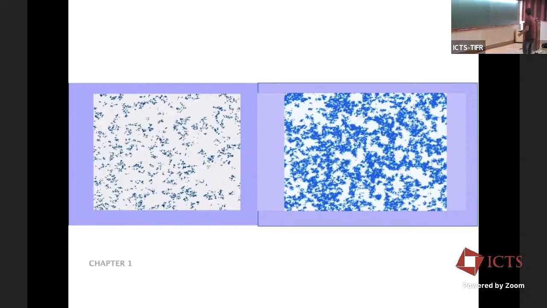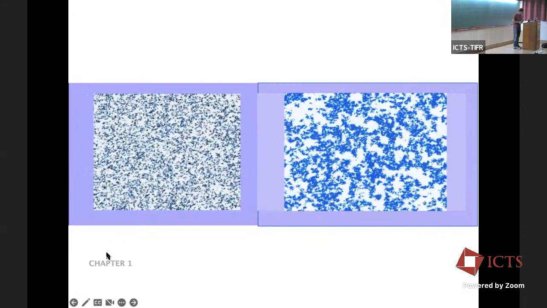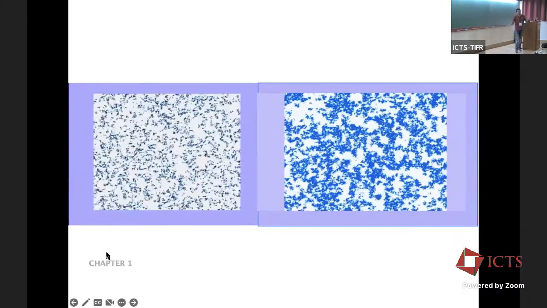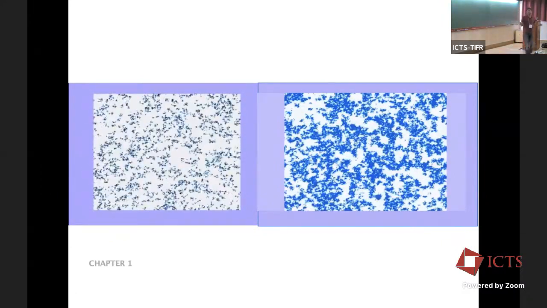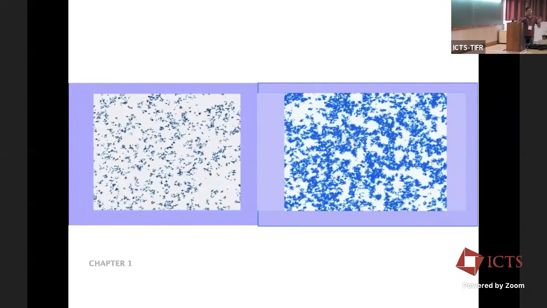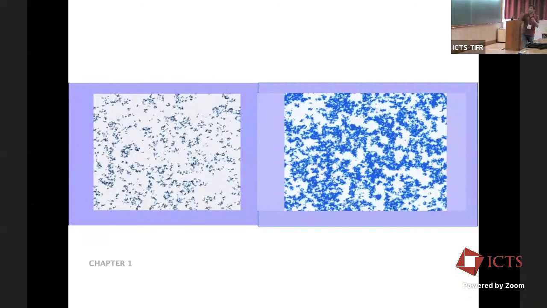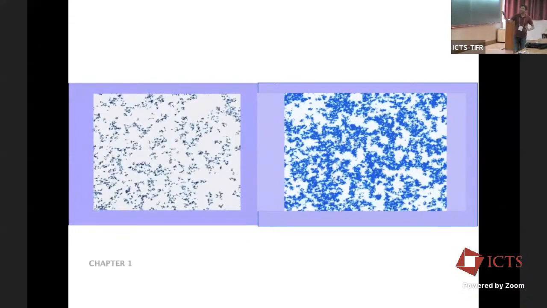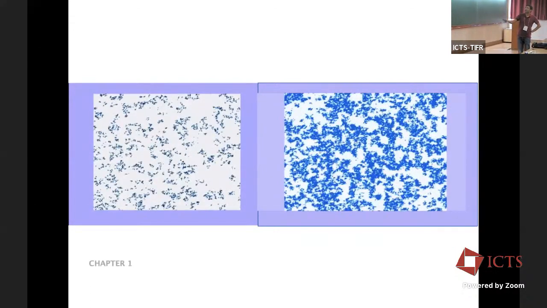Let me just play the animation again. So we started with some value of P, not a very large value of P. We started off with a very large number of occupied cells, but because the initial values were very high, death was dominating, but eventually they reach a steady state.